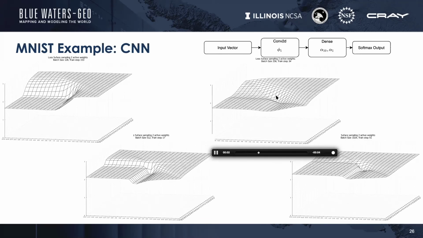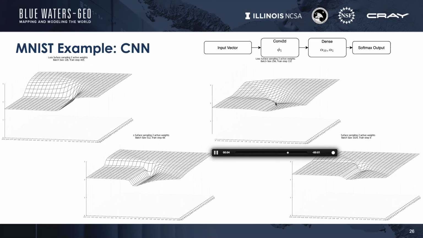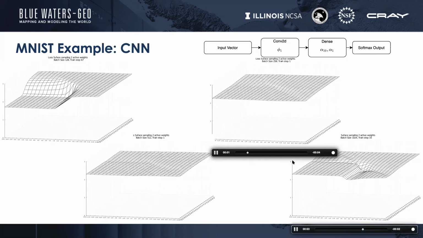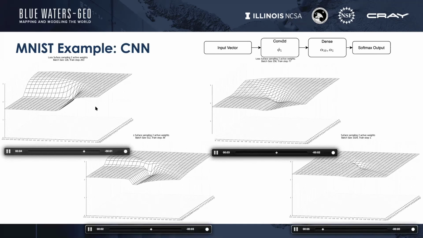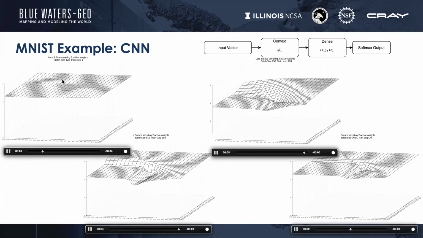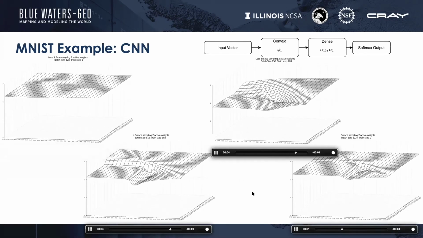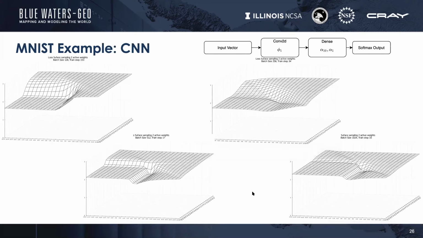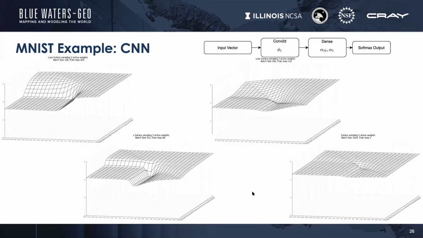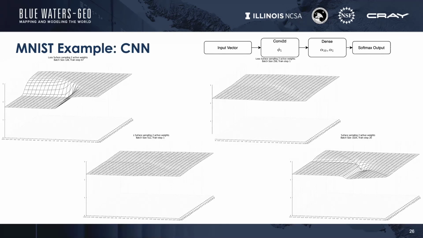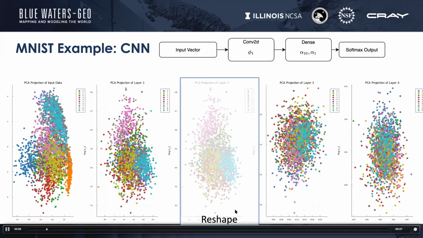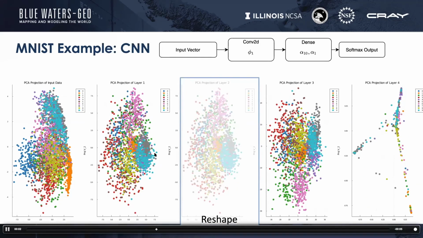You can ask me about that later if you want to. This is actually really, really interesting that it's doing this. But again, the big takeaway from these slides is that with varying batch size, you wind up getting very different loss surfaces. And you have to believe me when I tell you that the larger the batch size, the worse the convergence properties. Left is the input, right is the output.